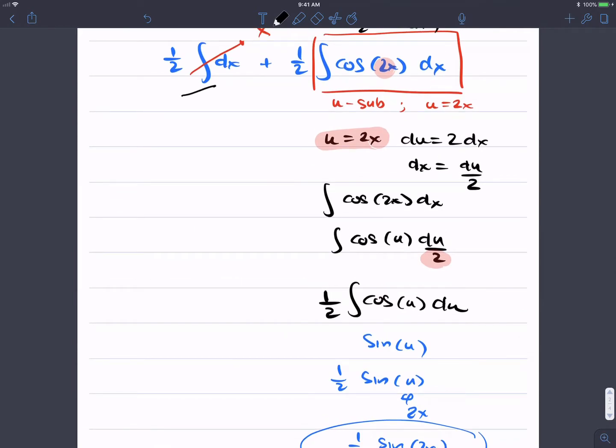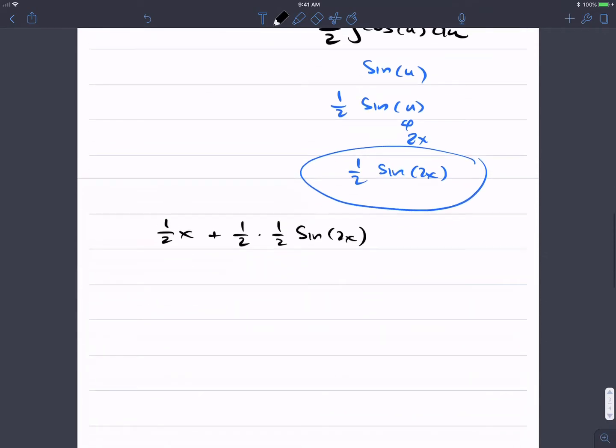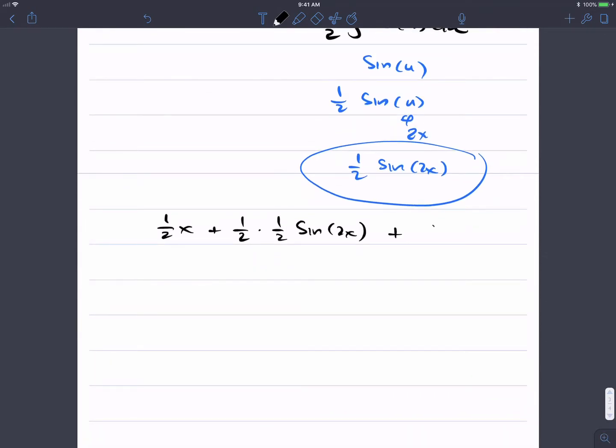And then this is going to be plus 1/2 times that 1/2 sine 2x. And don't forget at the very end, we're going to add our constant. So we have 1/2 x plus 1/4 sine 2x plus c.